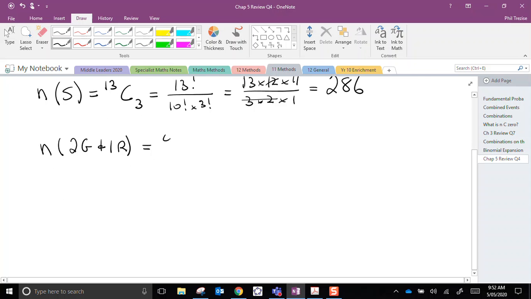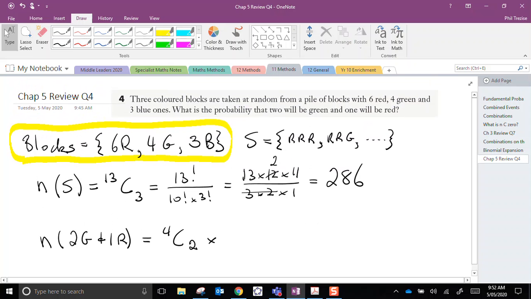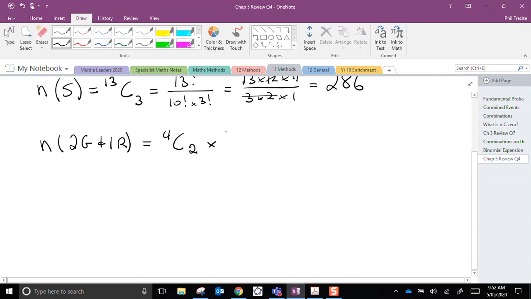So there are 4C2 ways in which I could pick the 2 green blocks. Remember, the word and translates to multiplication, and the red blocks, there are 6 of them and I'm choosing 1. So how many ways could that happen? Well, 6C1.